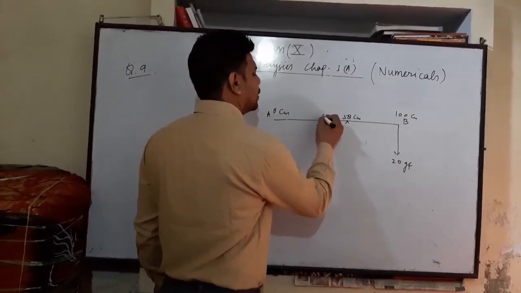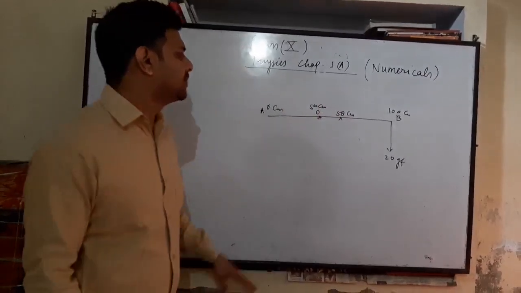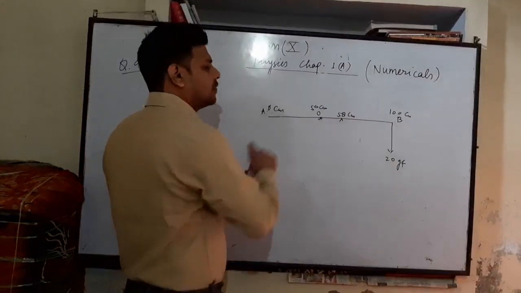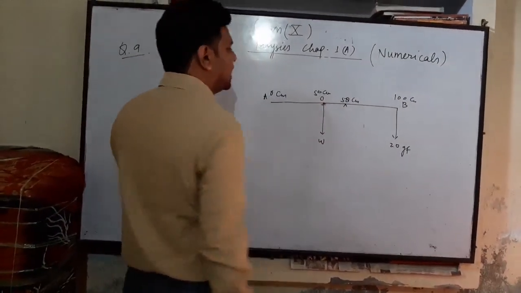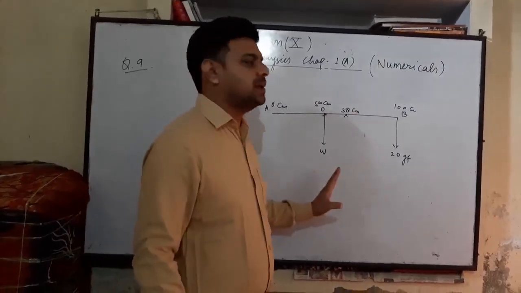This one is point O, the 50 centimeter mark, the midpoint. The weight of the rule always acts at the midpoint. This is W. And this rule is in horizontal position.